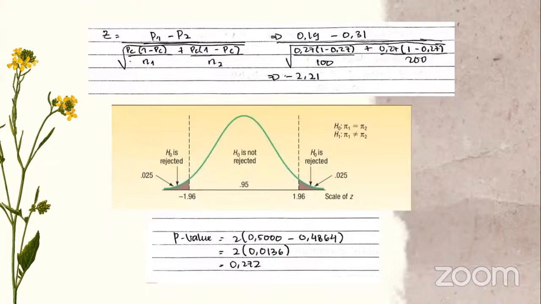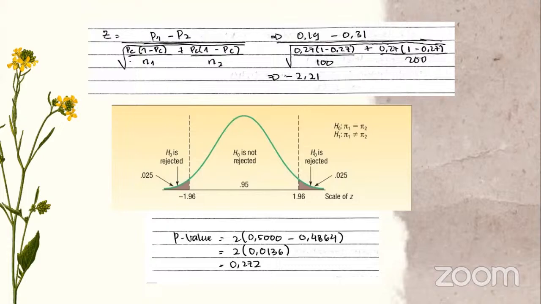We're going to determine the Z, that is 0.19 minus 0.31 divided by the square root of 0.27 times 1 minus 0.27 divided by 100, plus 0.27 times 1 minus 0.27 divided by 200.